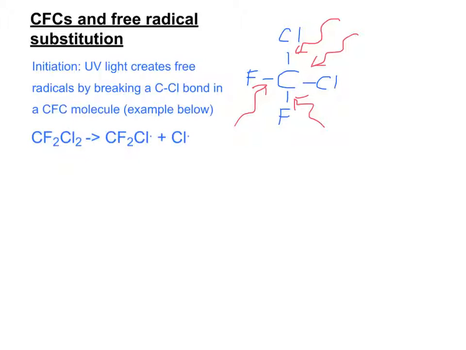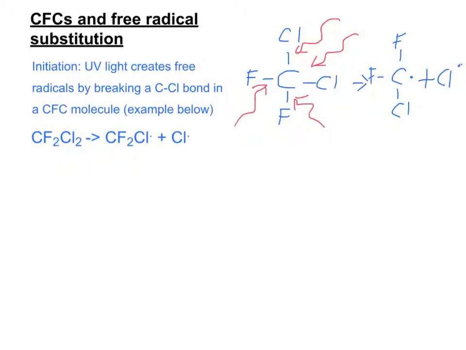So what this is going to lead to is CF2Cl. Notice the carbon-fluorine bonds are left alone. Your unpaired electron is on the carbon of the CF2Cl, and also you've got a Cl radical.